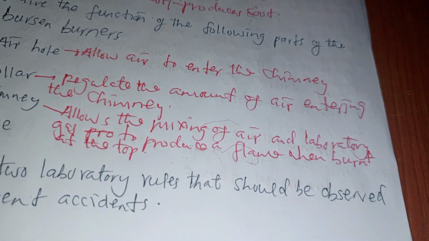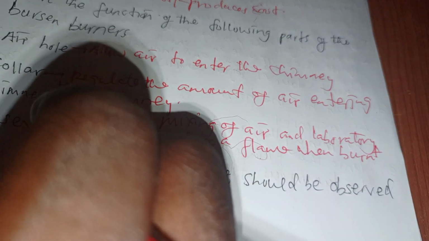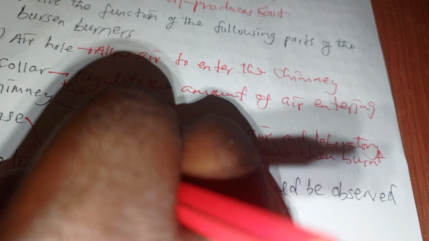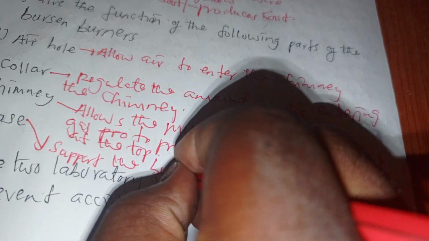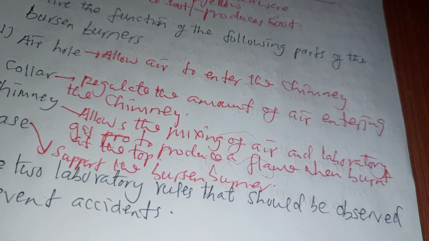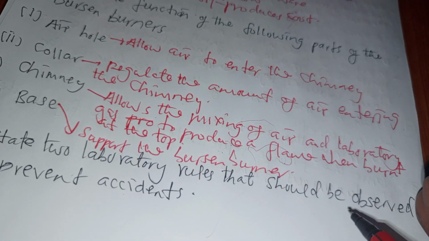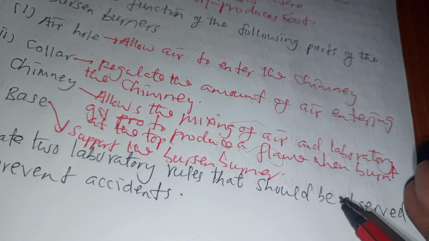Then the last one now, the base. This one supports the Bunsen burner. So these are the functions of the parts of the Bunsen burner.